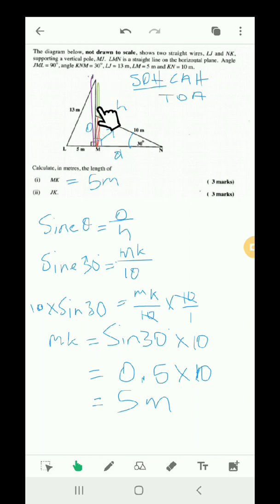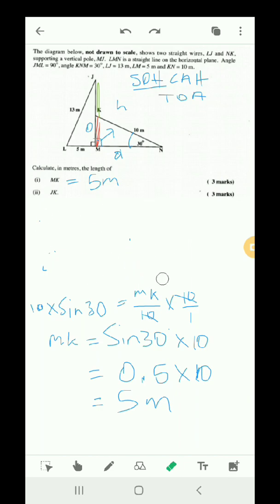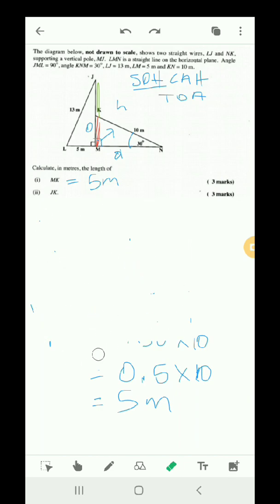Alright, this portion right here. Excellent. So let us do that. Now we're going to find out what is the length of MJ. So I'm going to erase all this so we can find MJ.